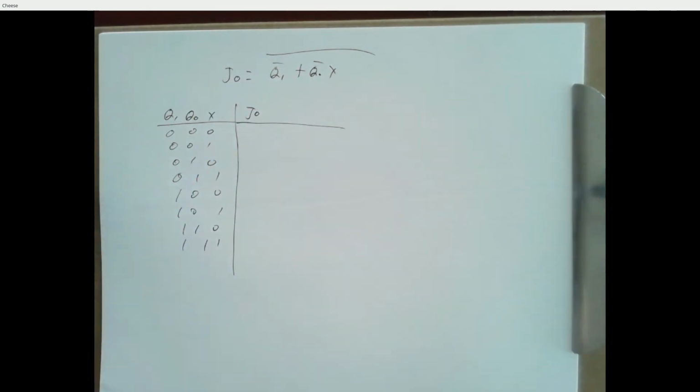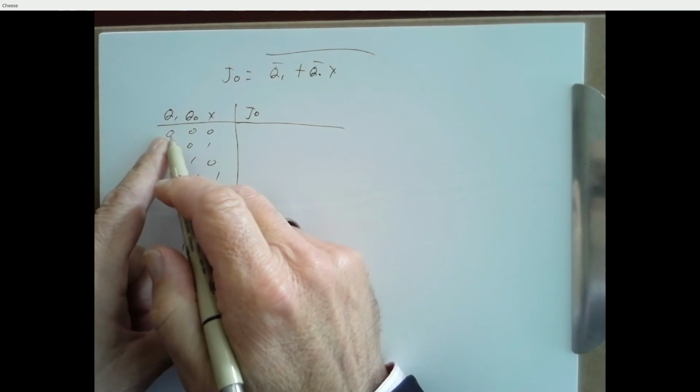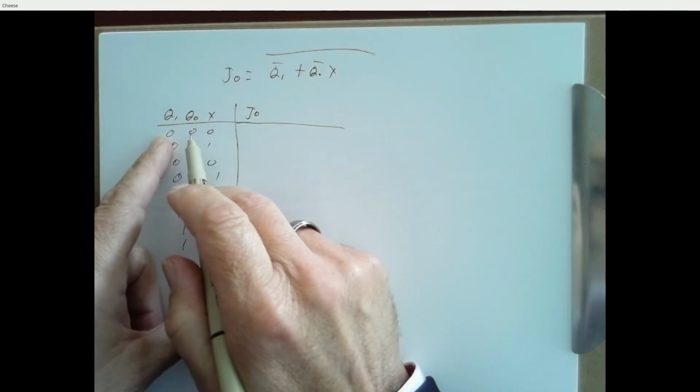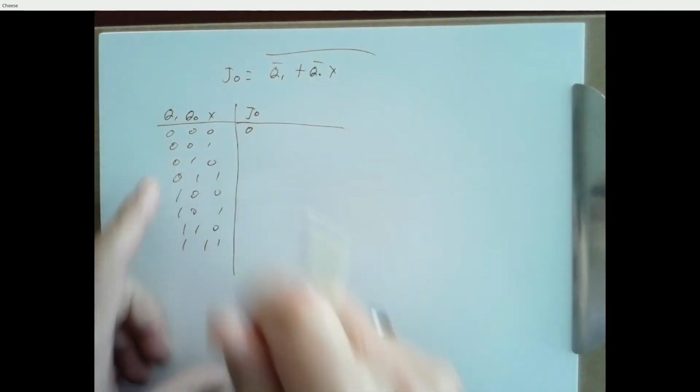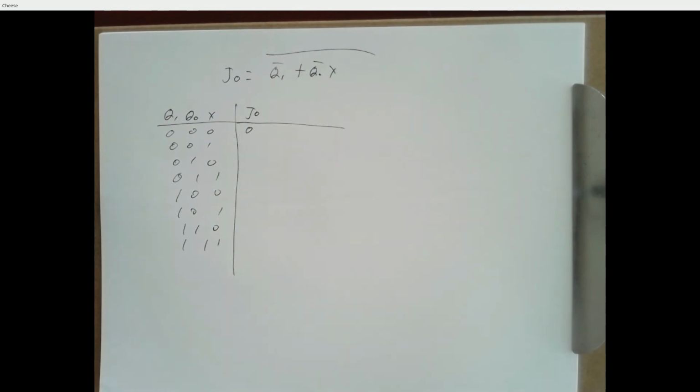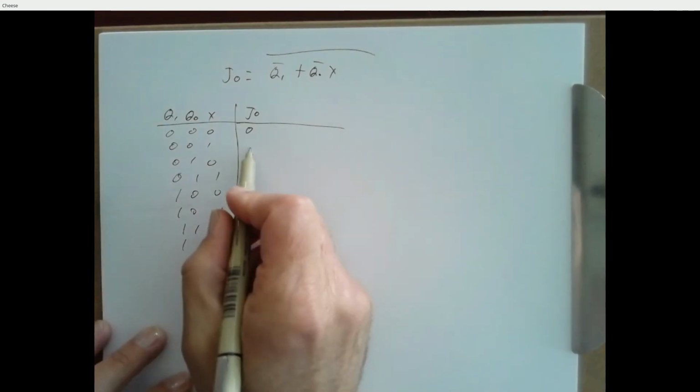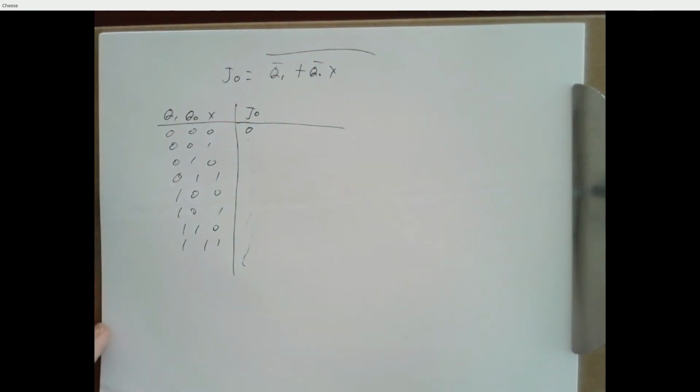And you're trying to fill in the J0 variable. So, okay, well, Q1 bar is a 1, and Q0 bar is a 1, and X is a 1, 1 or 1 is 1. That's a 1, complement, that's a 0, okay? There are so many ways you can go wrong like that. Especially, again, at the end of a long problem, or when you're time crunched, like working on an exam, you're going to inevitably make mistakes in here.